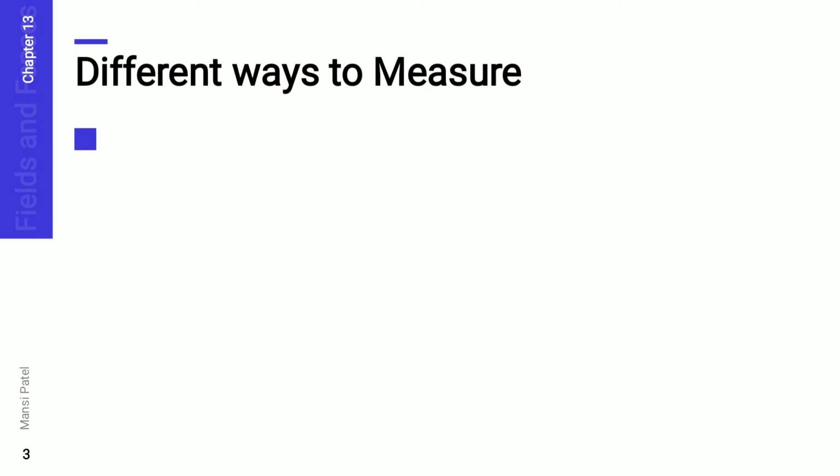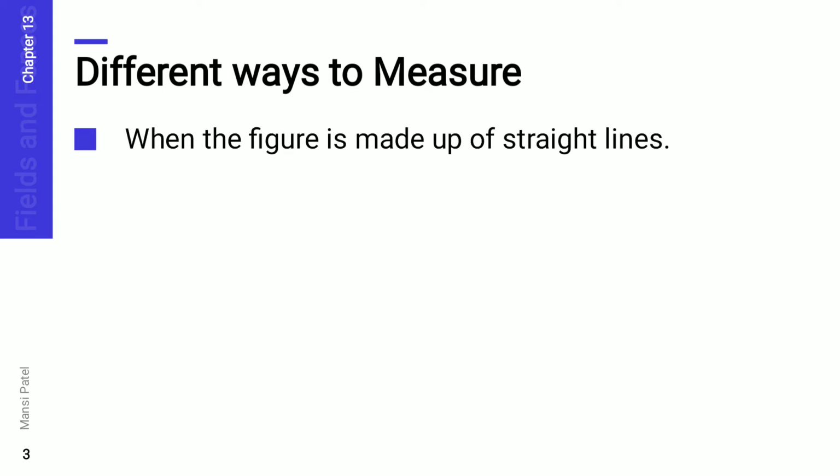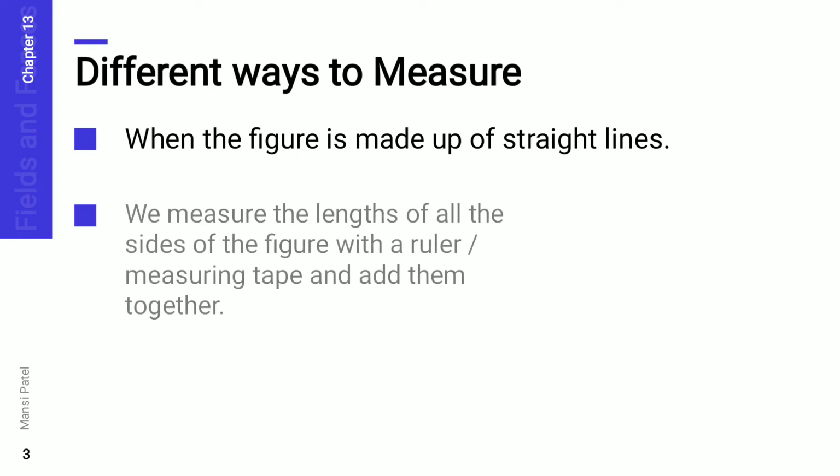The first one: when any figure is made up of straight lines, then if we want to measure it, we use a ruler or a measuring tape, and we measure all the sides, and then in the end we add all those measurements together.